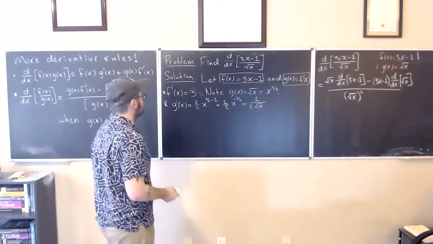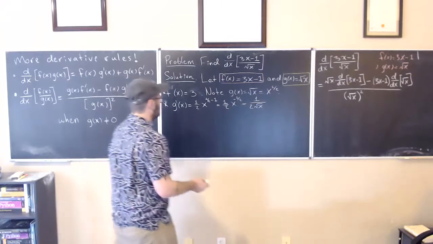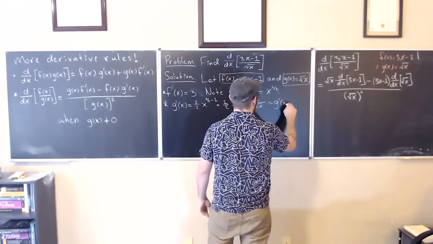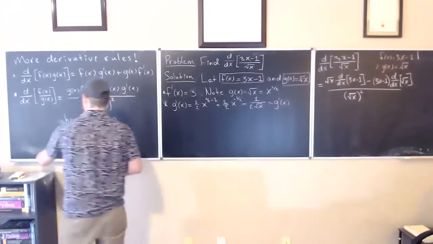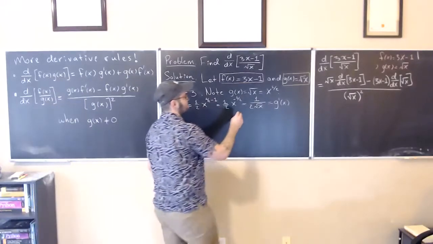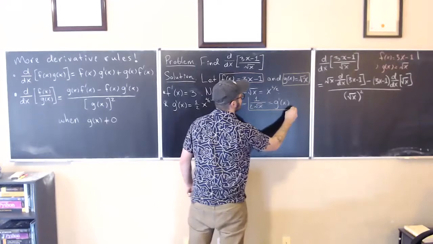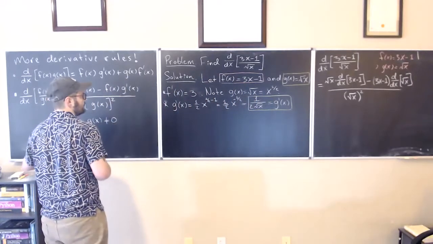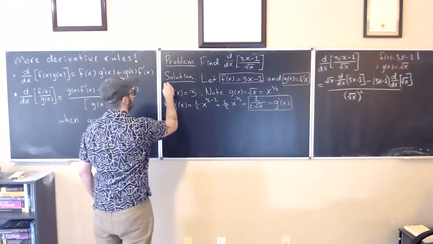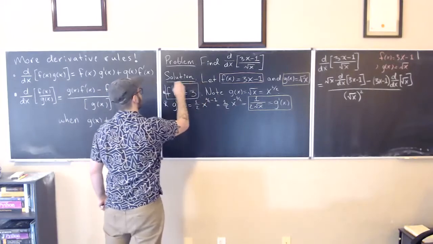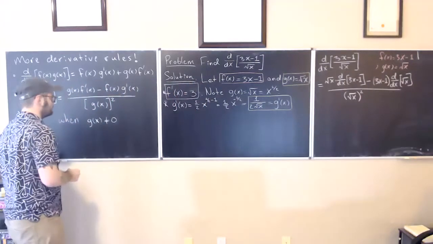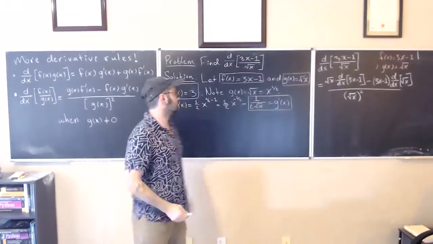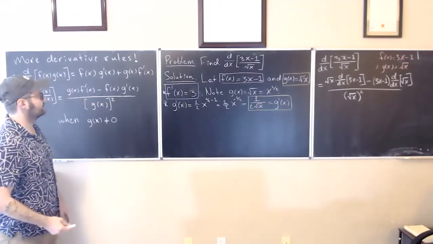So now we have all of our pieces. I'll go ahead and write this over here again. I'll do it in green. I don't know if you'll be able to see it, but the derivative of g is there. And then maybe in blue, the derivative of f is here. So now I have each piece that I need to plug into this formula.